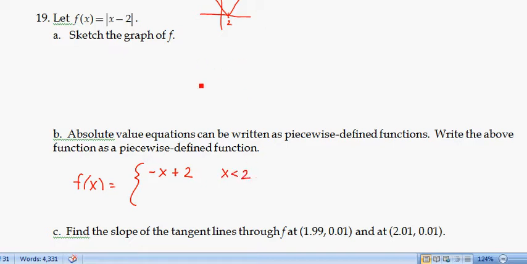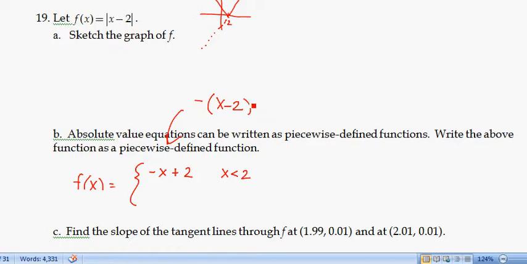Note that's the same thing as the negative of x minus 2. What's happening is the absolute value is forced to be positive. So we take what would have been this function going on infinitely this way, and we reflect it across the x-axis to make it positive. So we make the negative of it.